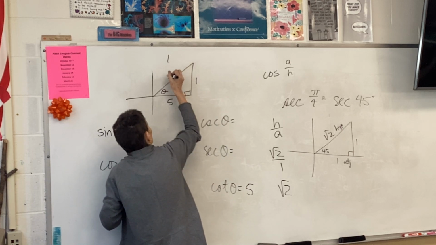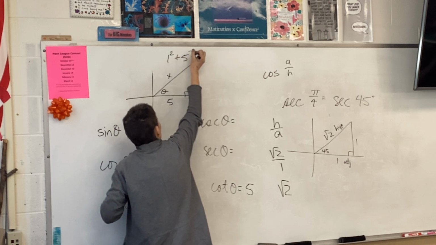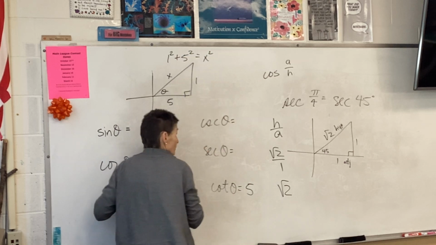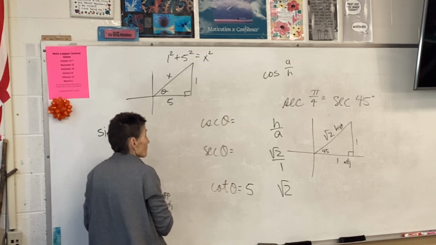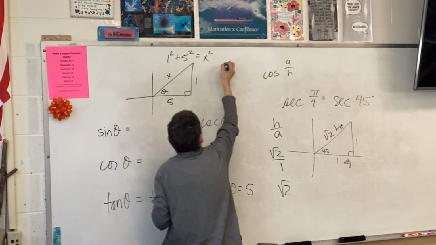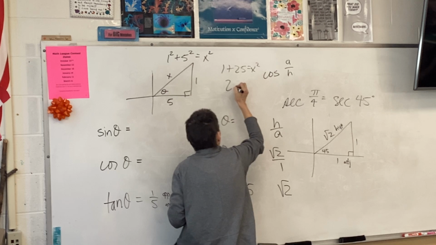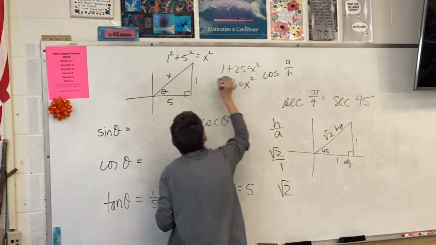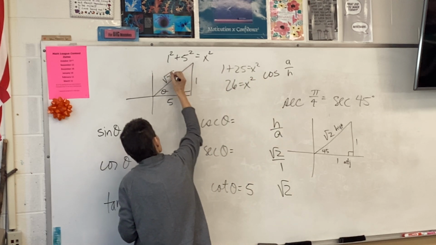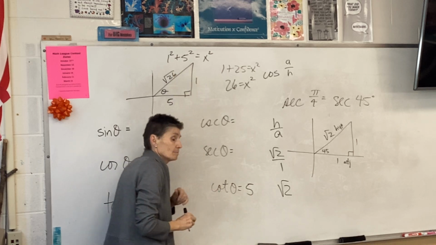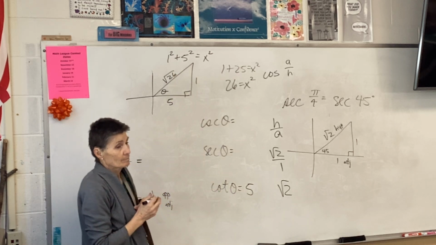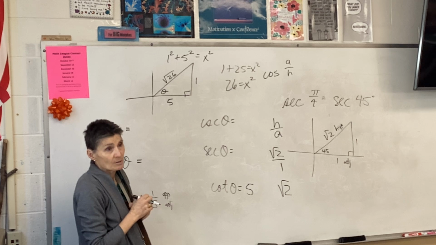So 1 squared plus 5 squared equals x squared. So 1 plus 25 is x squared, 26. Did you get the square root of 26? That's your hypotenuse.